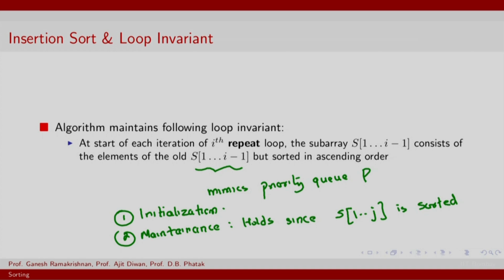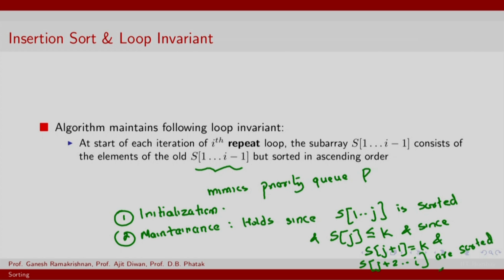This is referring to the algorithm shown in the previous slide, and we already found that Sj was less than or equal to k, and Sj plus 1 is going to contain the key k, and the elements after Sj plus 1, that is Sj plus 2 to I, are already sorted and shifted.